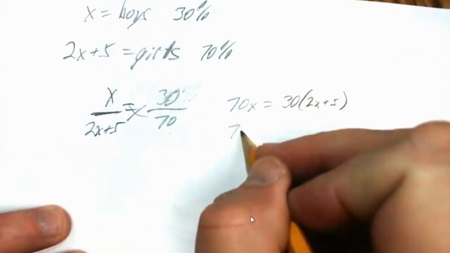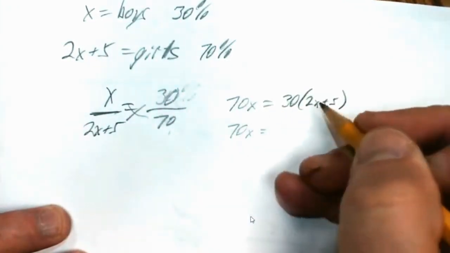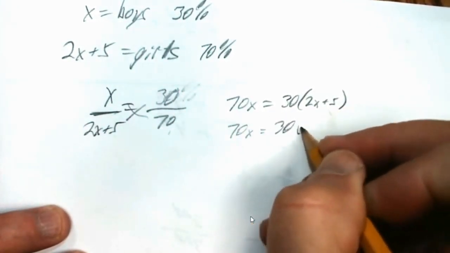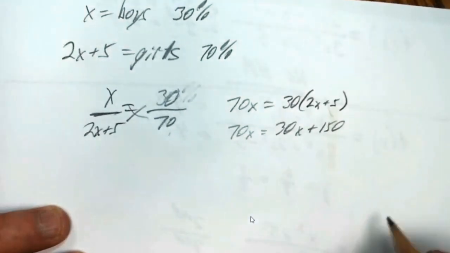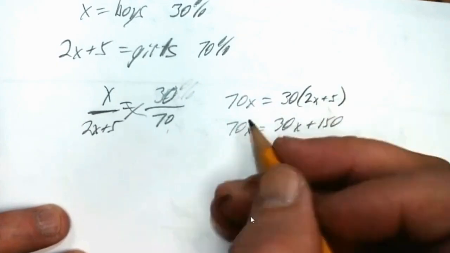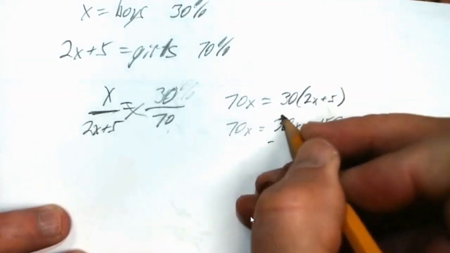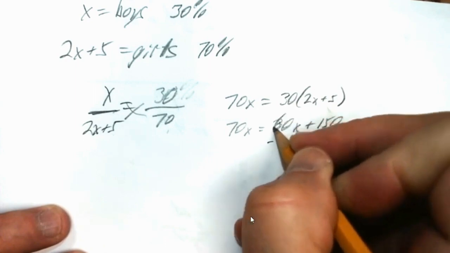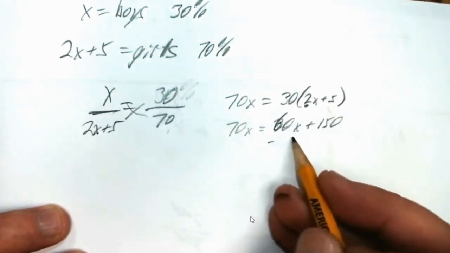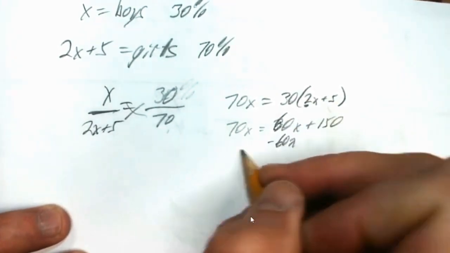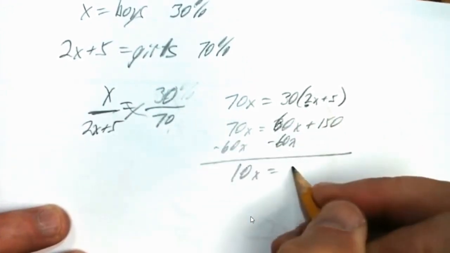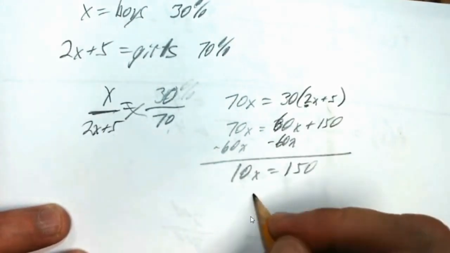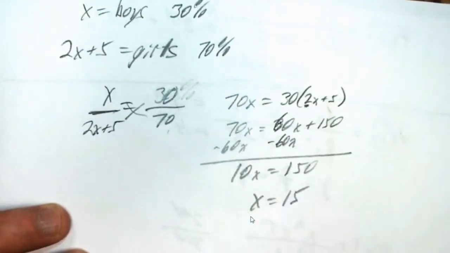So 70x equals, let's distribute that, 30x plus 150. Oh, that's 60. I did that wrong. 30 times 2. There's a 2 there. 60x. Subtract 60x. So 10x equals 150. So x equals 15.